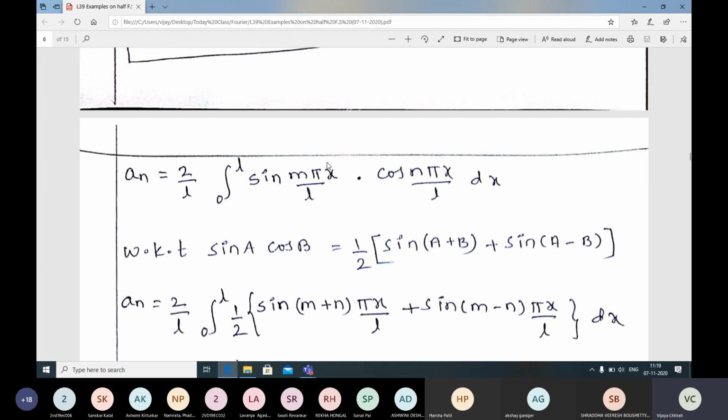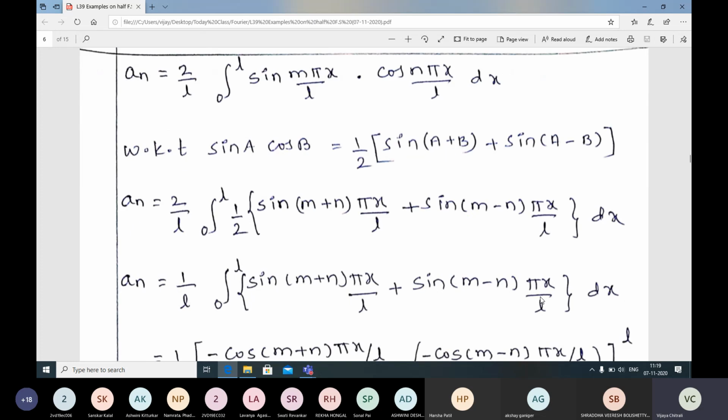Here a is this and b is this. Now applying this formula, a n is equal to 2 by L as it is, 1 by 2 sine m plus n pi x by L plus sine m minus n pi x by L dx.